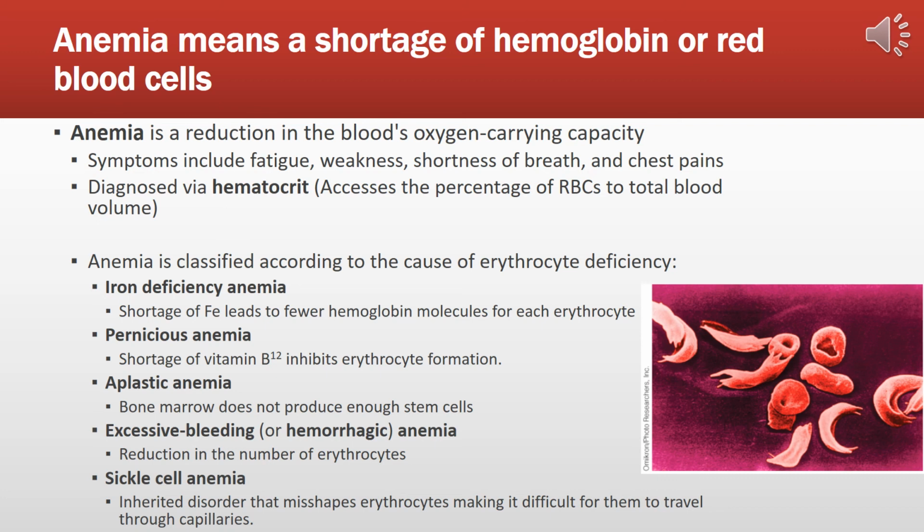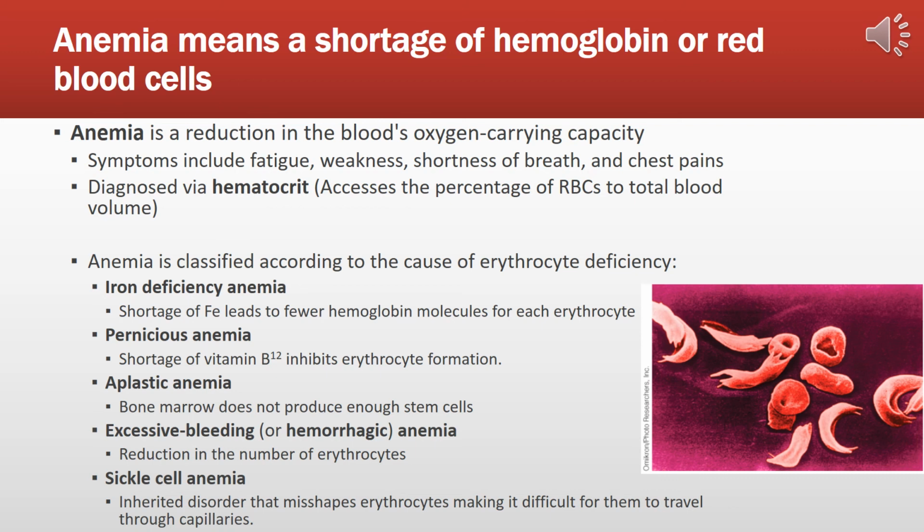And there are several different kinds of anemia, and these are classified according to the cause of the erythrocyte deficiency. So in iron deficiency anemia, we have a shortage of iron ions, which leads to fewer hemoglobin molecules per erythrocyte. So now we've reduced our oxygen carrying capacity.